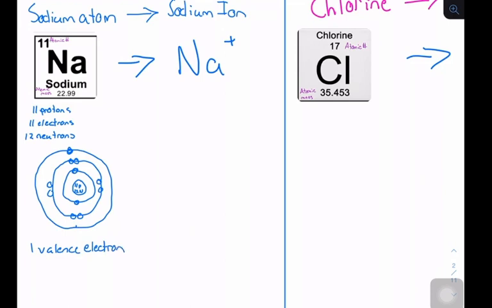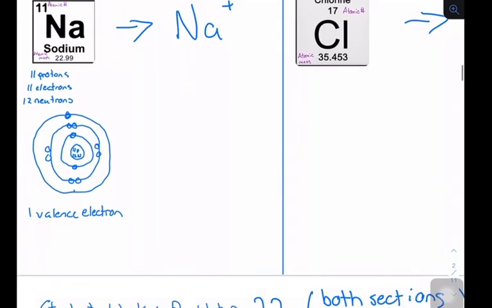And now to get to its nearest shell, it's pretty easy for a sodium atom because it just has to lose 1 electron. That's one of the reasons why the elements in group 1, like sodium, are so reactive. It's because it's so easy for sodium to just lose 1 electron to another element. So the sodium will lose that electron, and we will do a drawing of what that looks like. 11 protons, 12 neutrons.